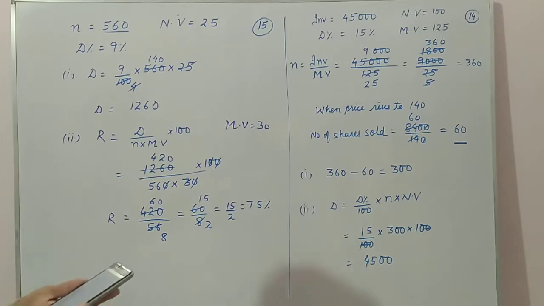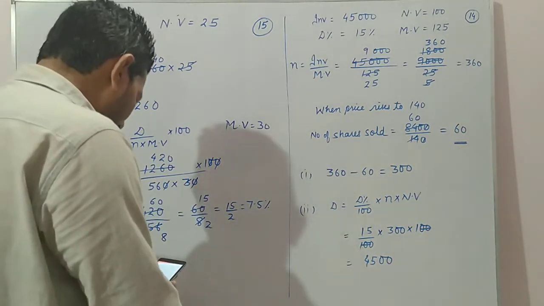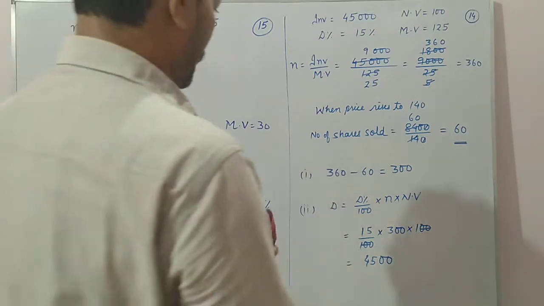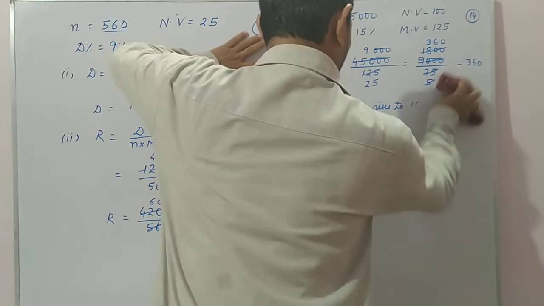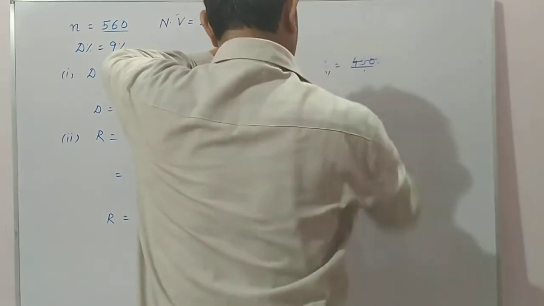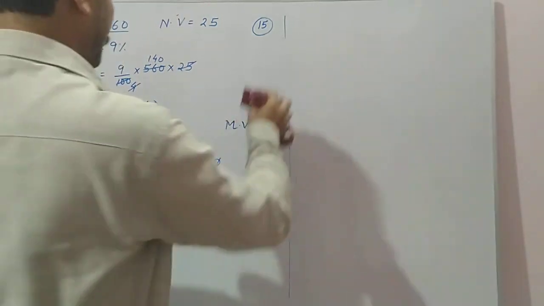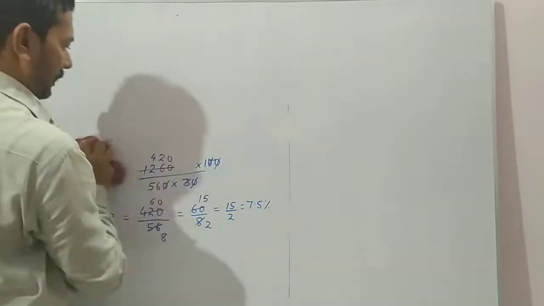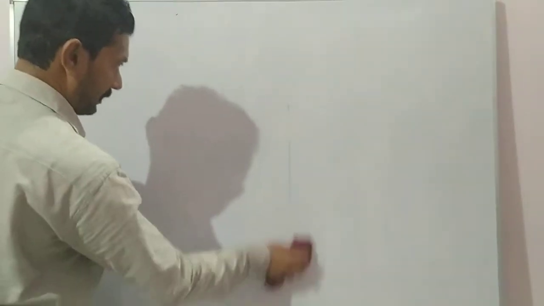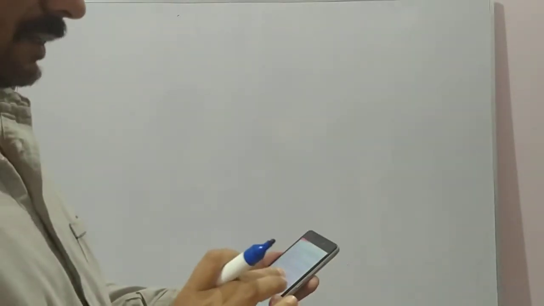Next, question number 16. A company has 10,000 shares of nominal value 100.